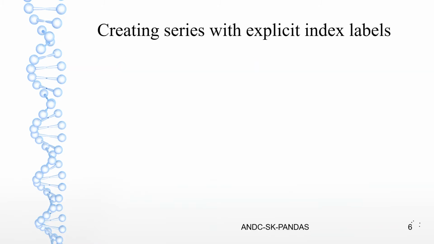Let us now create a data series with explicit index labels. That means instead of having the default index label values from 0 to n minus 1, now we want to create a series with user specified index labels. In this case, again the series has 4 elements, but now we can explicitly specify the index labels by using the index argument.